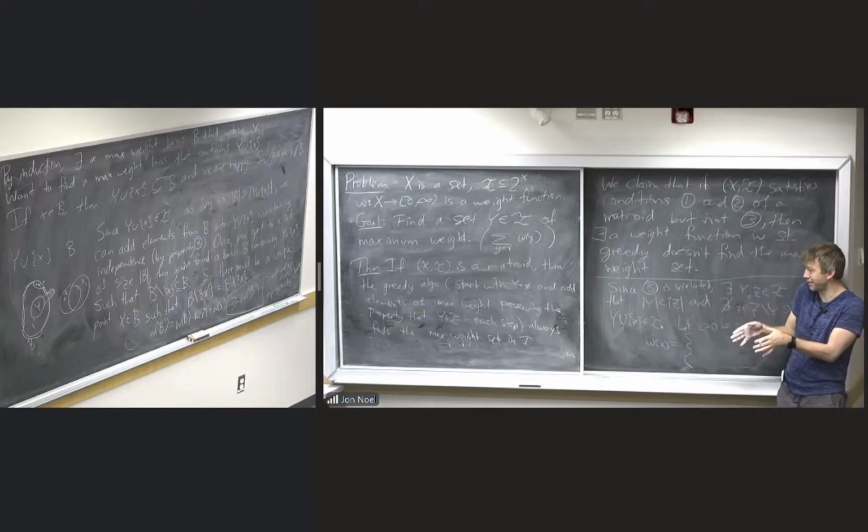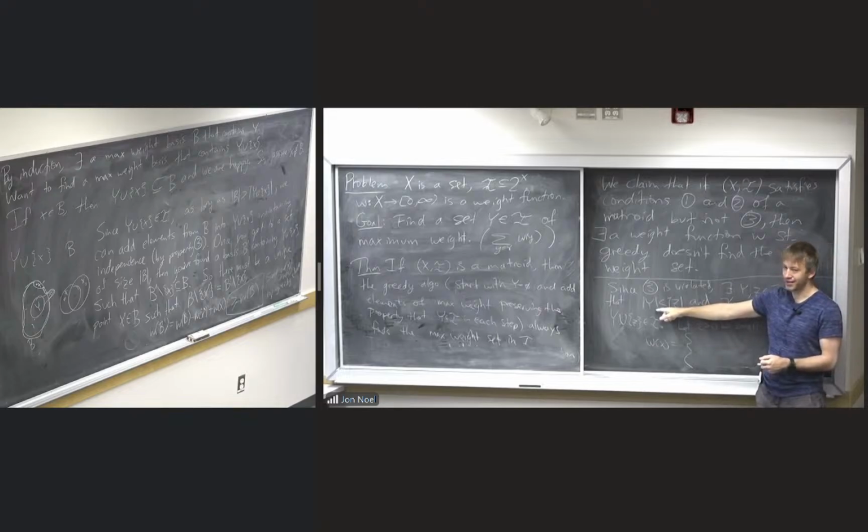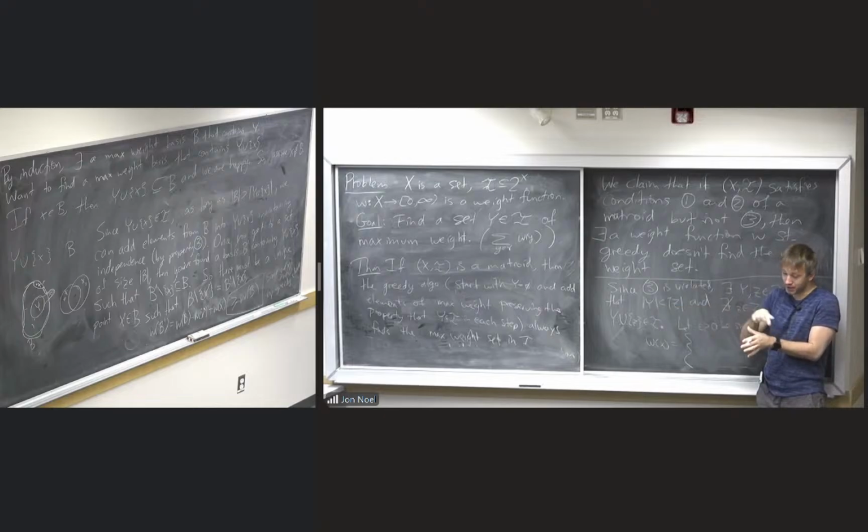What I want to do is trick the greedy algorithm into picking... I know that y is smaller than z, right? So I want to entice this algorithm to pick elements of y. It's going to keep picking elements of y. And then at some point when it's picked all the elements of y, I want it to get stuck. Whereas if it was smarter, it would have picked all the elements of z and ignored y completely.